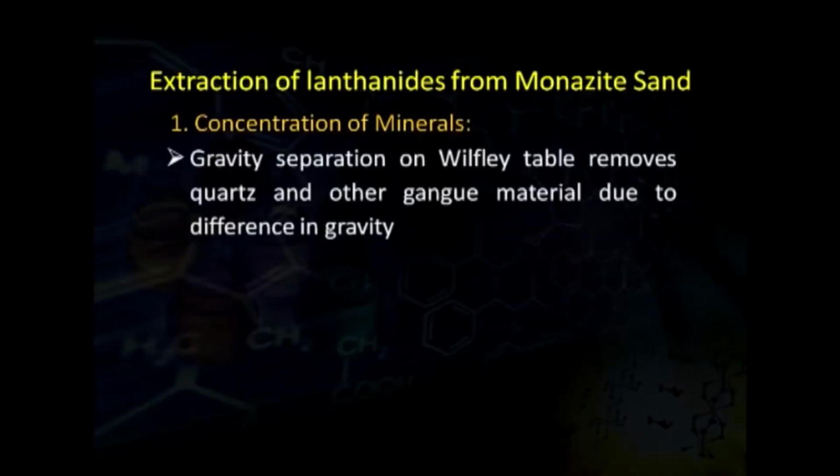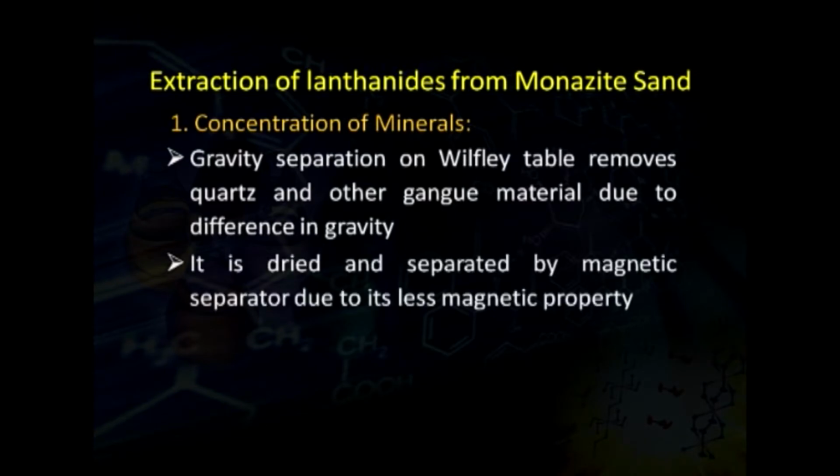The extraction of lanthanide from monazite sand involves the concentration of the minerals. The gravity separation on Wilfley table removes quartz and other gangue material due to the difference in gravity. The gangue is the surrounding of the mineral in which the lanthanide is available.